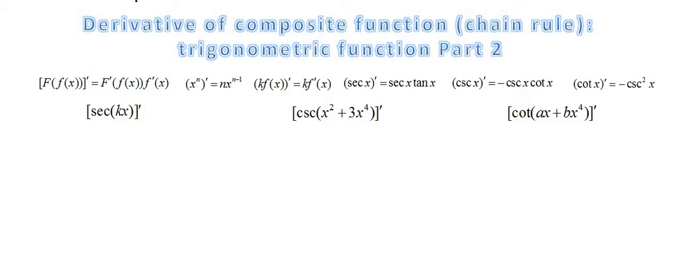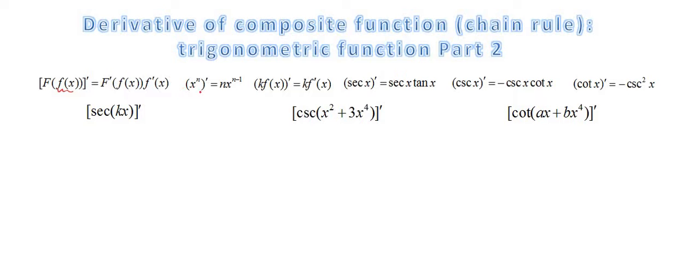Okay, and I think in the chain rule, the most important function is this little f(x). You need to identify what little f(x) is. After you identify it, you just need to plug in. And I also list all the other formulas that can be used to solve the following examples.